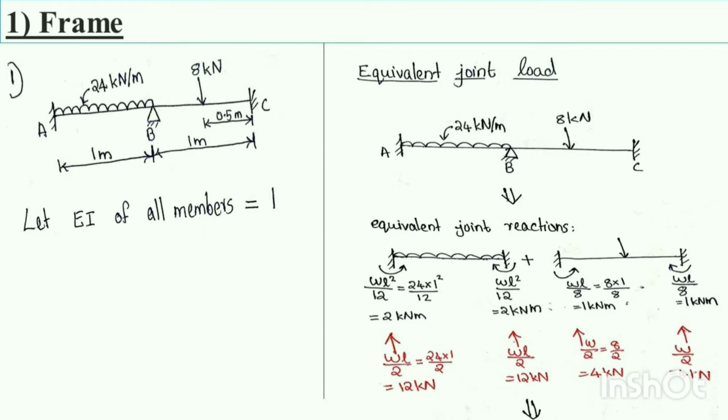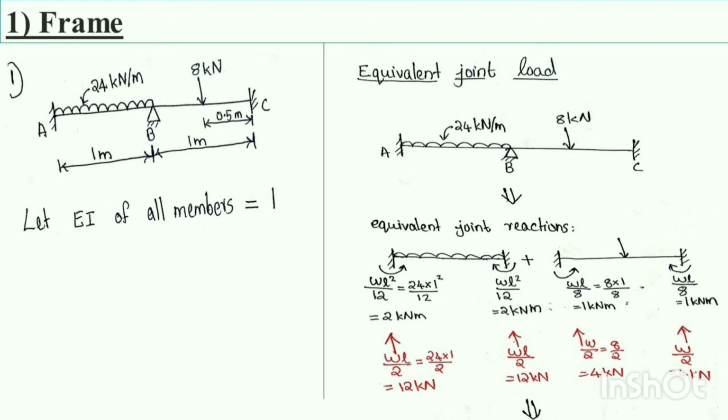Okay. Now WL square by 12 means W is 24, L is 1. Therefore WL square by 12 equal to 24 into 1 square by 12, which is equal to 2 kN meter, and WL by 2 equal to 24 into 1 by 2, which is equal to 12 kN at support A and B. Okay. Now for span BC, it is a point load.